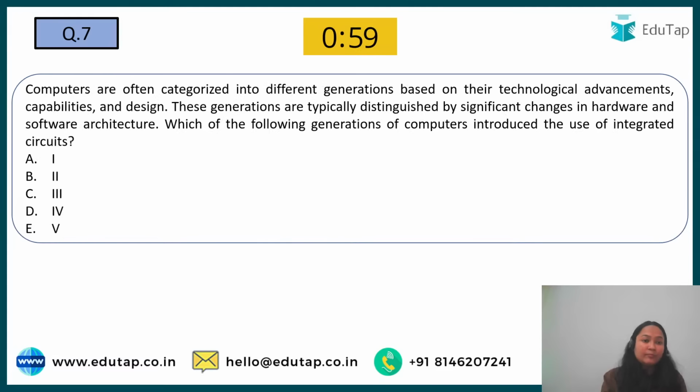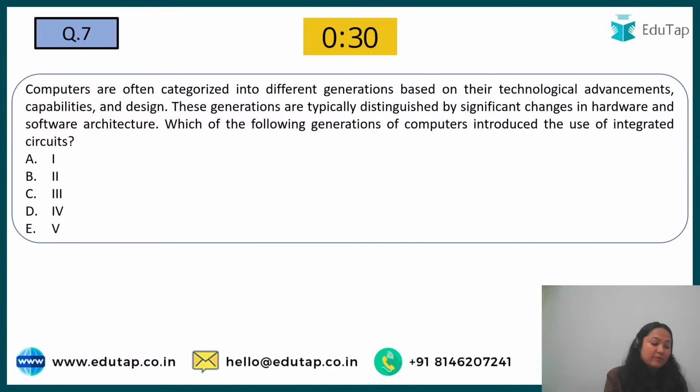Okay. Now next question. Computers are often categorized into different generations based on their technological advancement, capabilities and design. These generations are typically distinguished by significant changes in hardware and software architecture. Which of the following generations of computers introduced the use of integrated circuit?